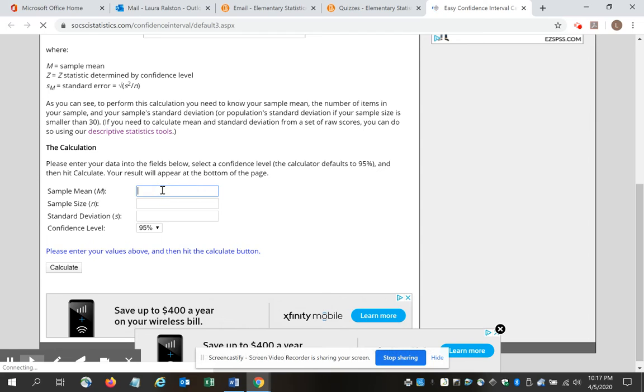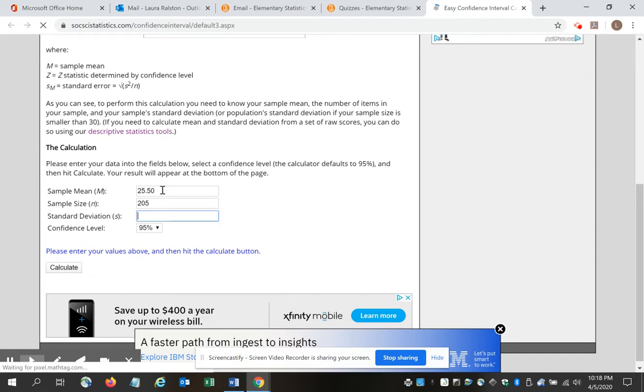But guys, here's where a lot of you made a mistake. The sample mean was 25.50. The sample size was 205. The standard deviation, guys, this is a Z interval, and I know the population standard deviation.